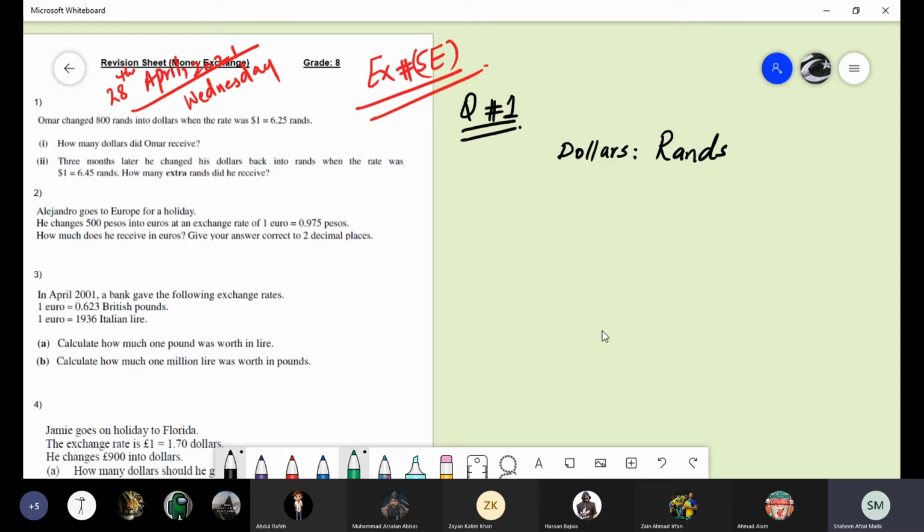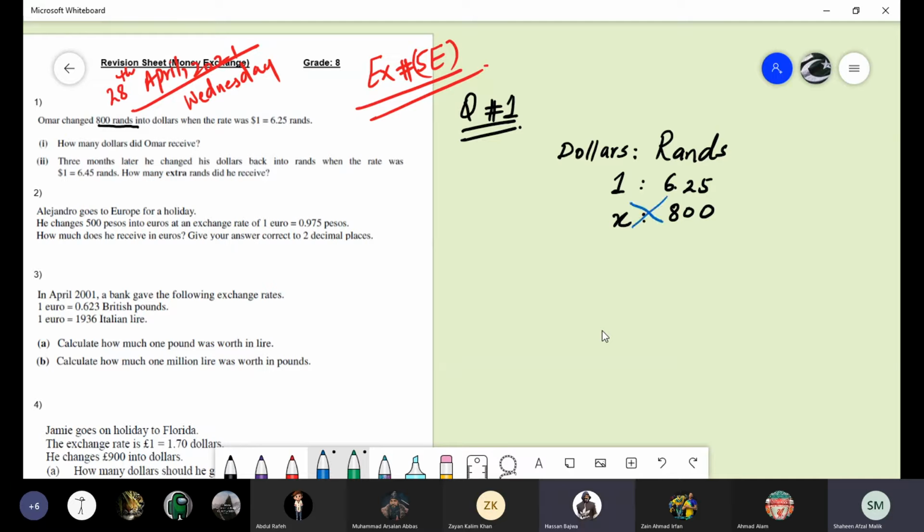So $1 is equal to 6.25 rands, and X dollars ratio 800 rands. Yes, we have to convert 800 rands into dollars. So we will cross multiply. Cross multiply, very good.